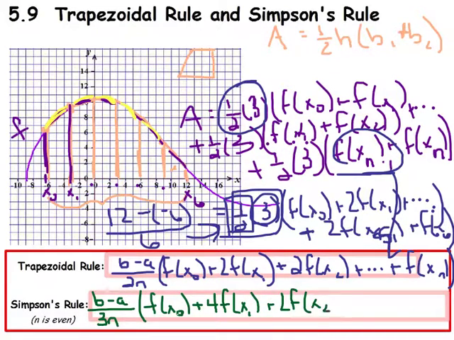I really wish I would have left more room. Plus 4 f of x sub 3, and so on, plus dot dot dot, plus, and the second to the last term has to have a 4. I'm going to fit this in here somehow. Has to have a 4 for a coefficient, and then the very last term gets a 1 for a coefficient. And that's your formulas.